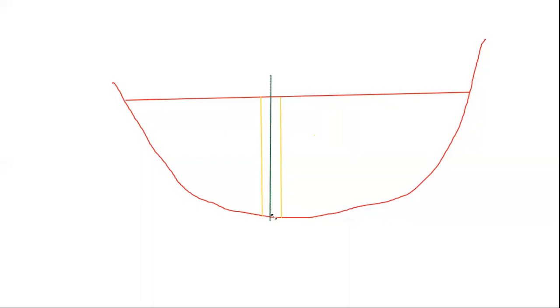So this will be a midpoint, we can say. Then whatever velocity is measured, will be measured either at 1 point or 2 points.